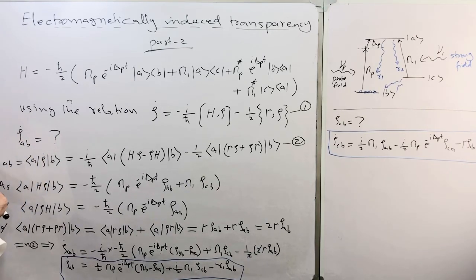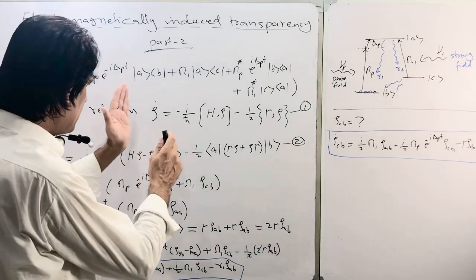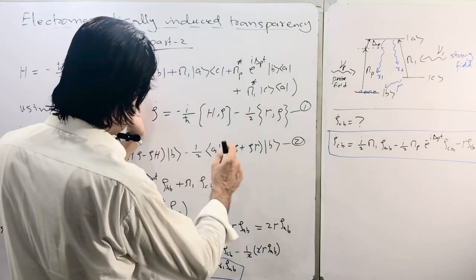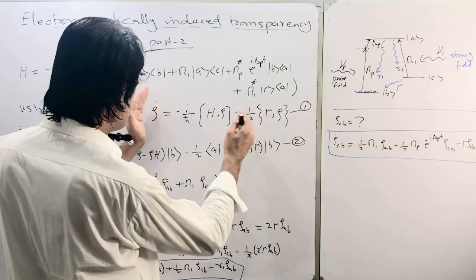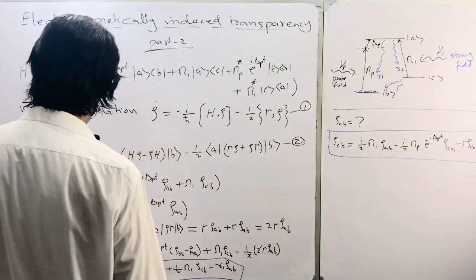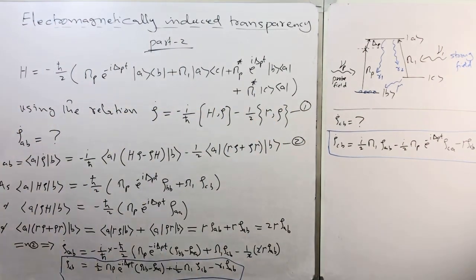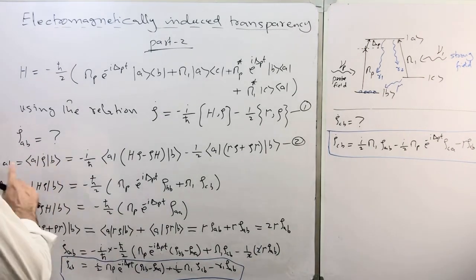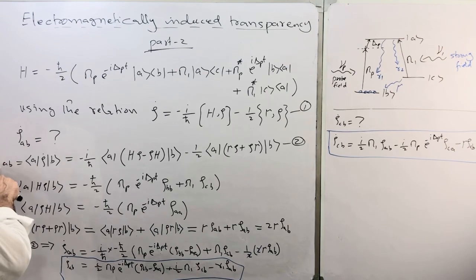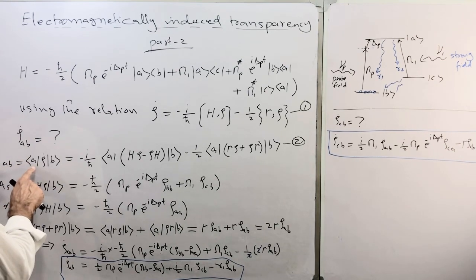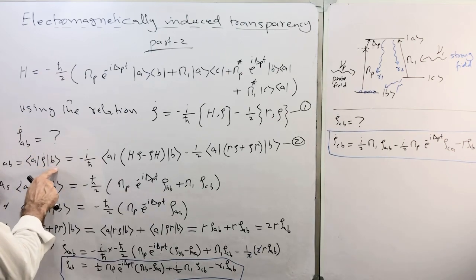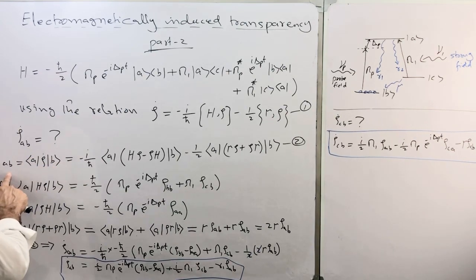And how to find this? We should take A from this side and B from this side of this whole equation, and we can get rho dot AB such like this. Then it means that we can write down A rho dot B. So this is actually rho dot AB.